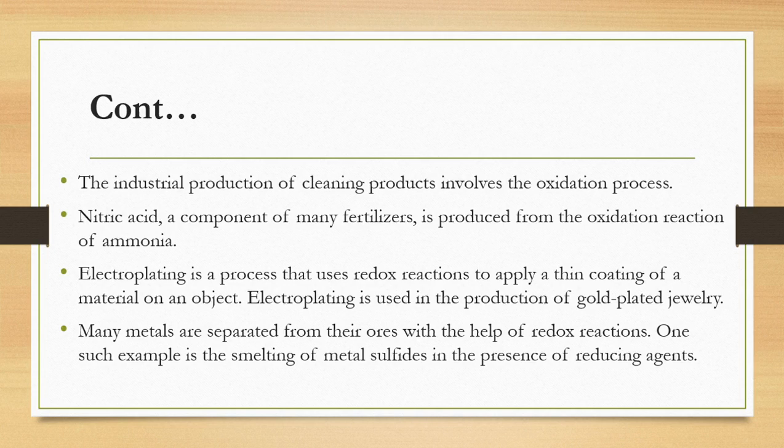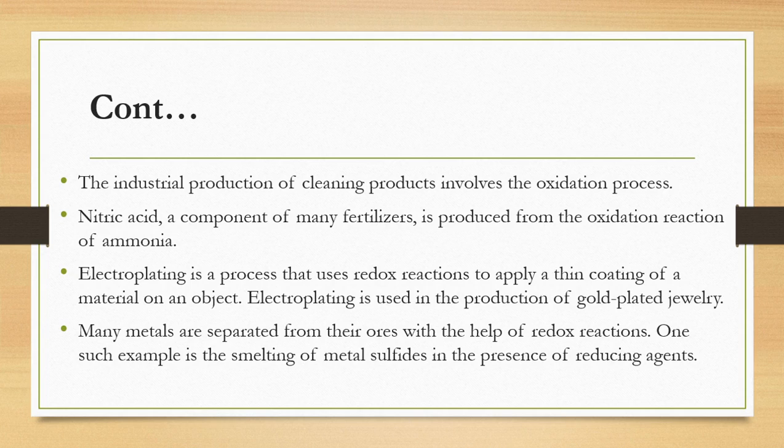The industrial production of cleaning products involves oxidation processes. Nitric acid, a component of many fertilizers, is produced from the oxidation reaction of ammonia. Electroplating is a process that uses redox reactions to apply a thin coating of a material on an object.